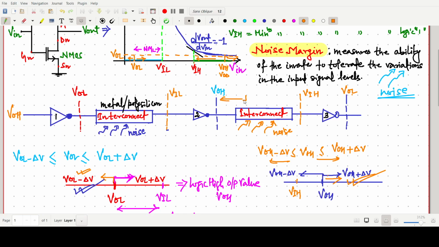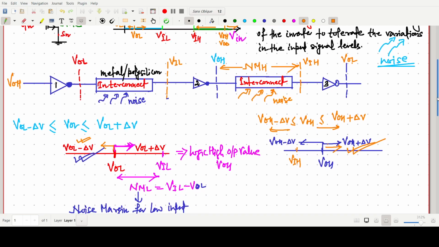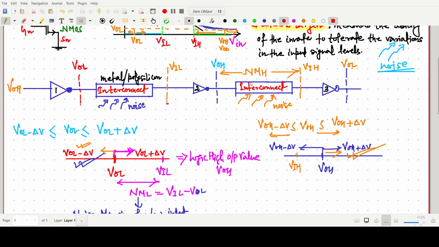So the noise margin for this case is this range, NMH. This NMH is the noise margin for high output.